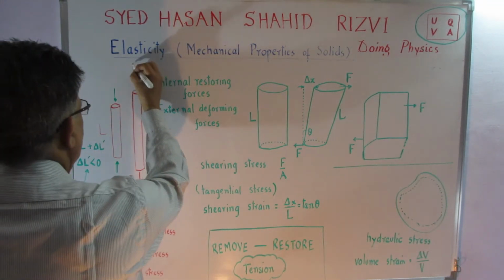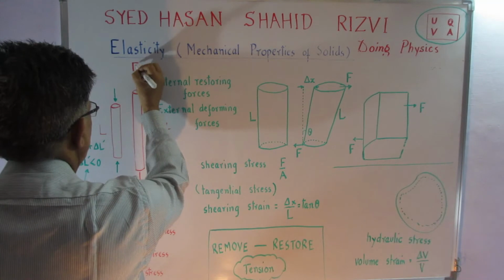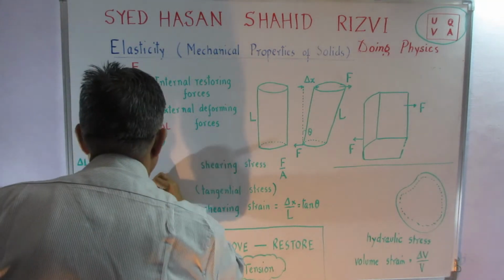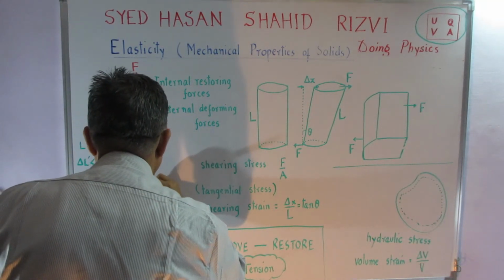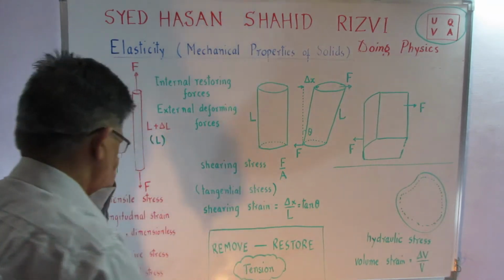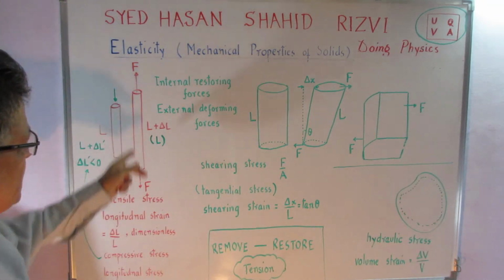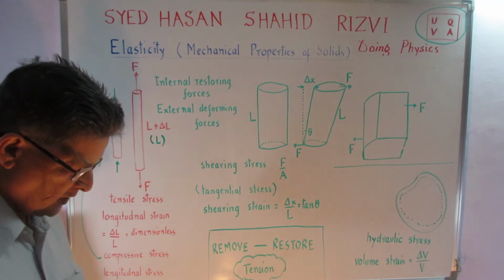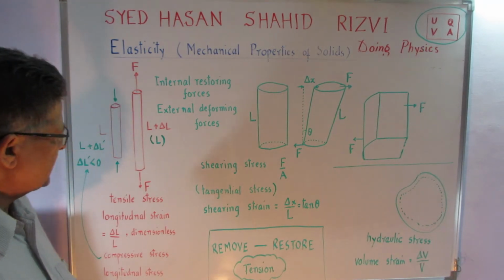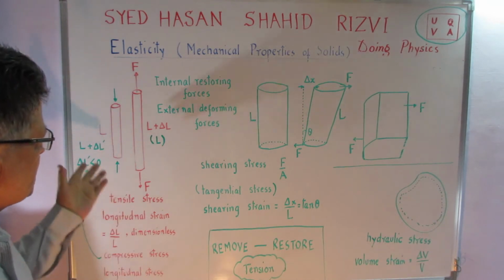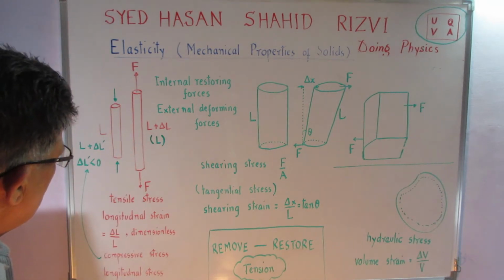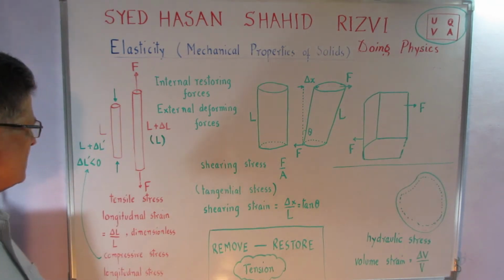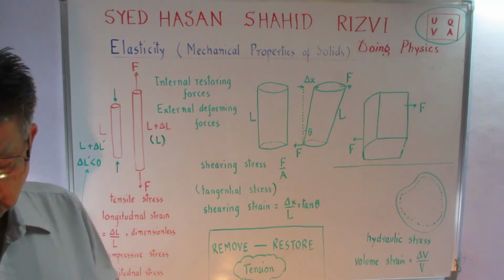F and F here, then what we find is that there is an elongation, and this elongation is very small as compared to the original length. It's never more than, in the case of most of the solids and alloys, about 1 to 2%.